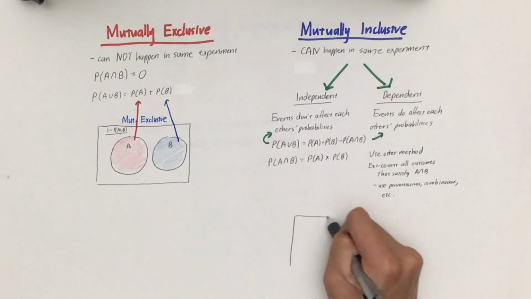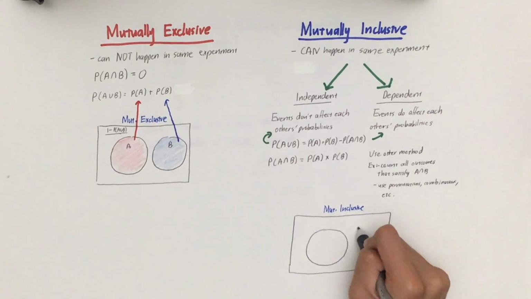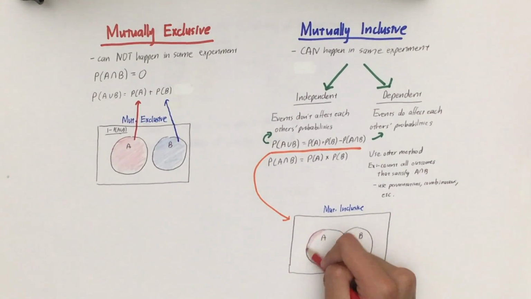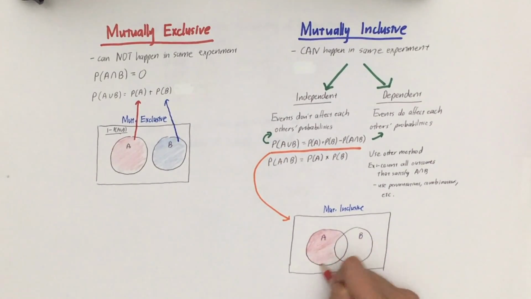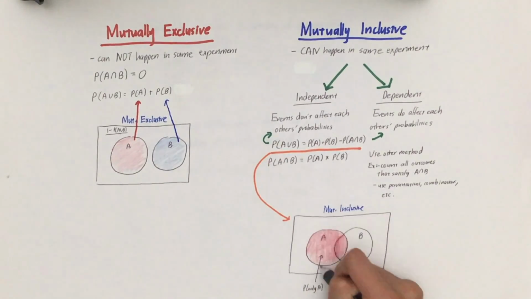So I'll just draw a Venn diagram to illustrate the OR formula. So in mutually inclusive events, the circles can overlap because they can both happen in the same experiment. The overlap is the AND. So this part I'm shading right now, this red, this is the probability that only A happens, since it doesn't include the part that intersects. But if you want to count the probability that A happens at all, then you have to add that little intersect.